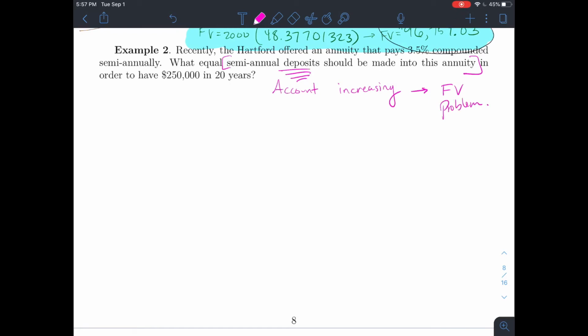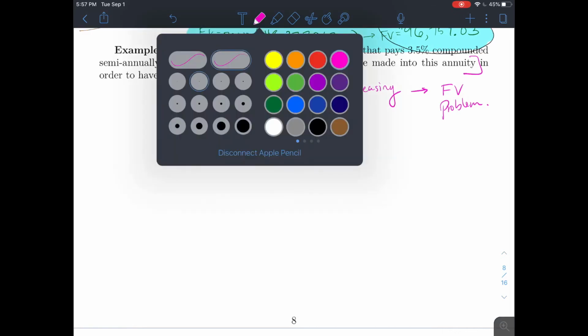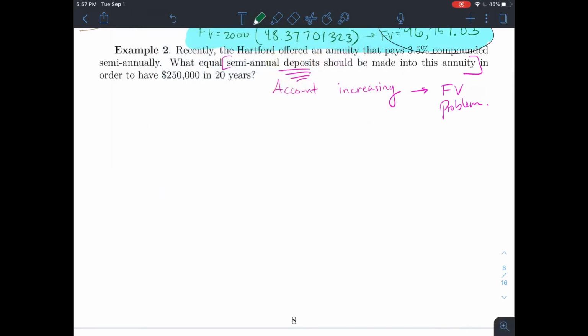That should always be step one: figure out if you have a future value problem or a present value problem. Present value problems will come about in 3.4. Since we know we have a future value problem, by that part I bracketed, we're going to have the same formula. So go ahead and copy and paste that formula.